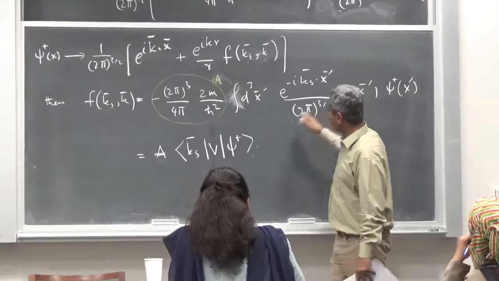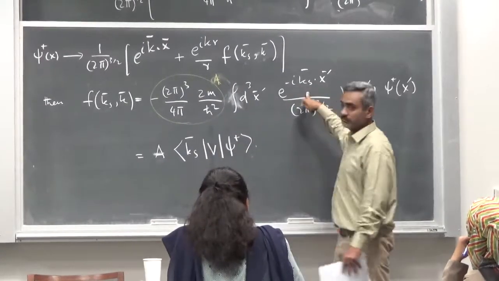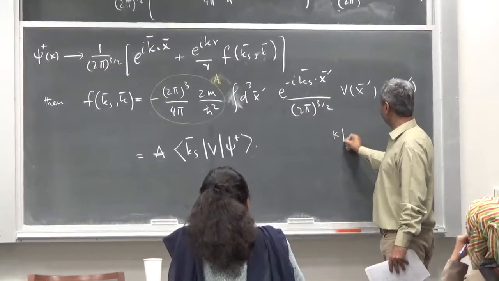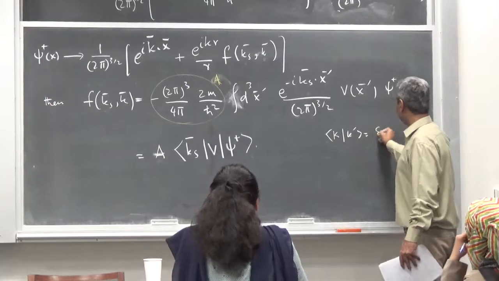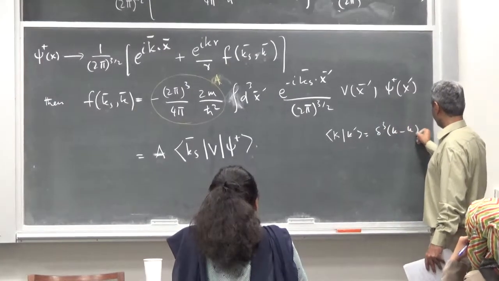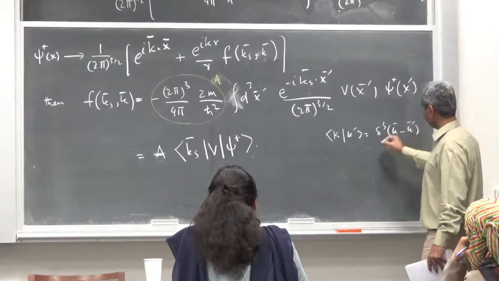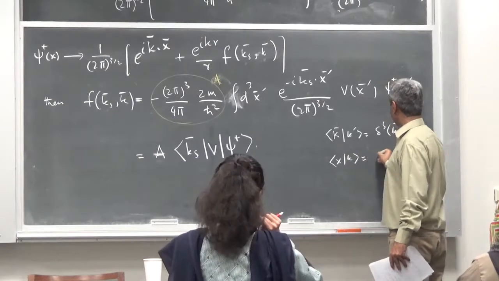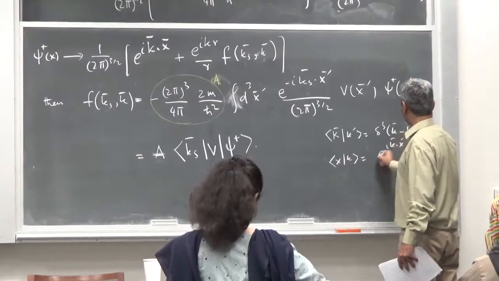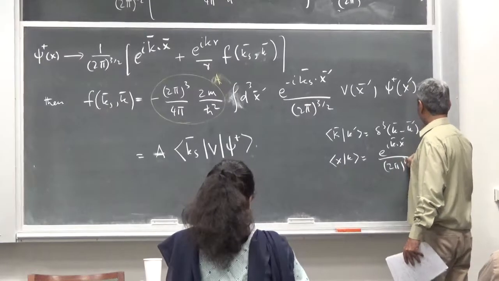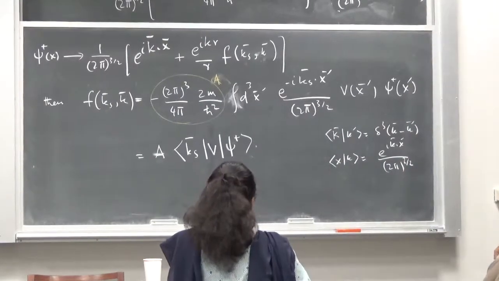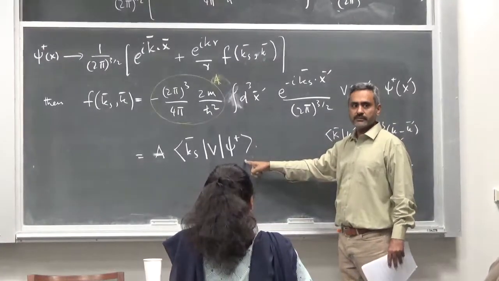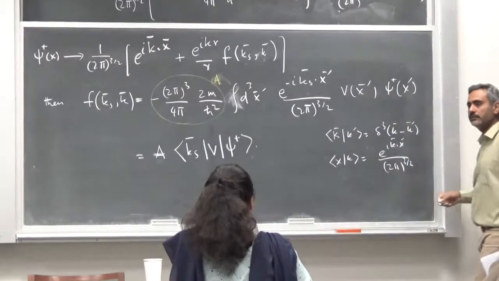This will give you this part, and k_s into x will give you this part. Remember that the inner product of k with k prime is delta of k minus k prime, and phi_k of x is e to the i k dot x over 2 pi to the 3 halves. So we can see that this thing is equal to this. Guys, any questions?